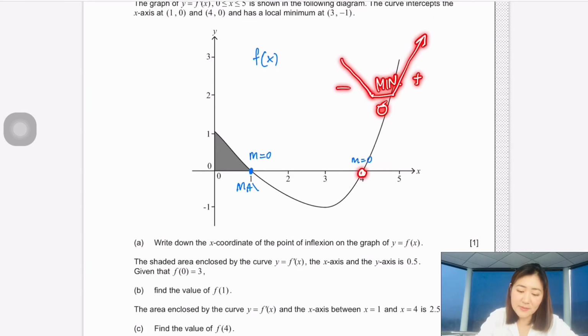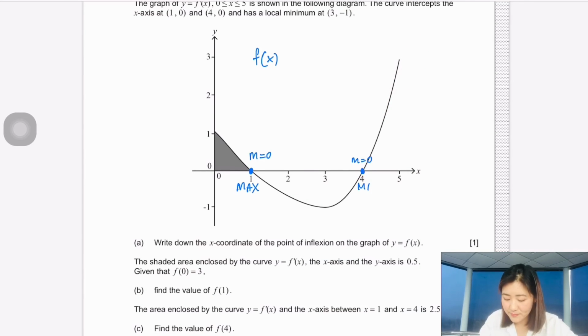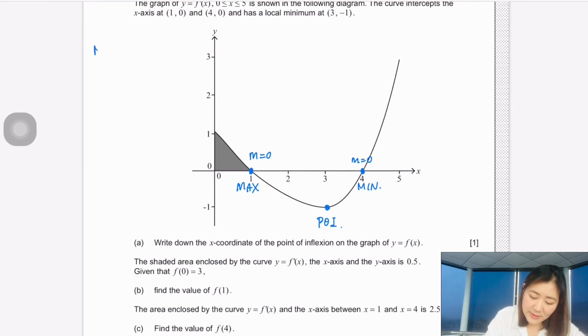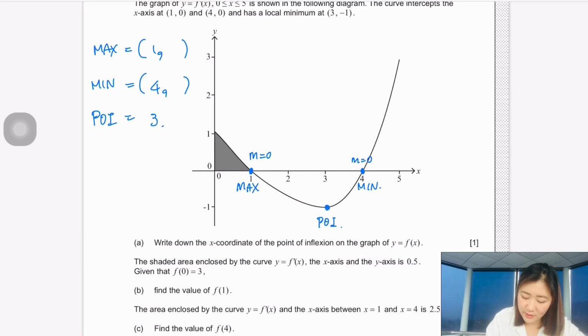So this point is a minimum. And also this point, we just found it. It's a point of inflection, right? Just write the information down. Maximum is when x is 1, minimum is x is 4, and last one, point of inflection is x is 3.